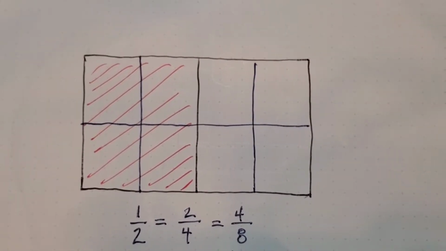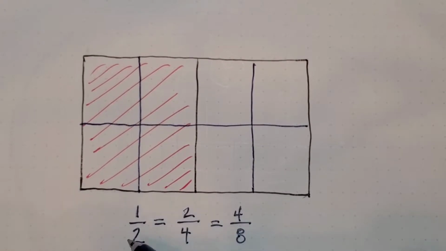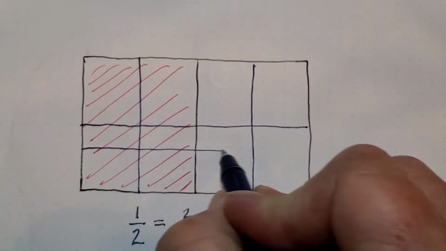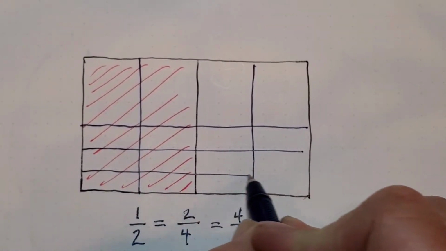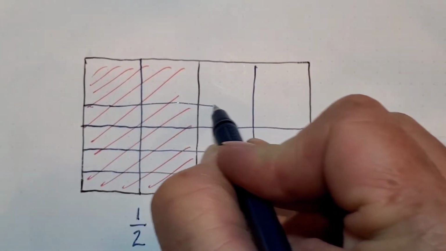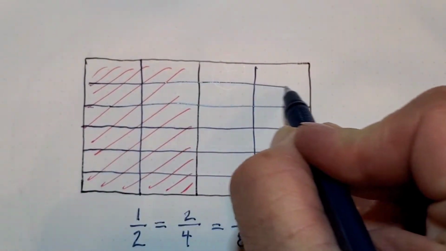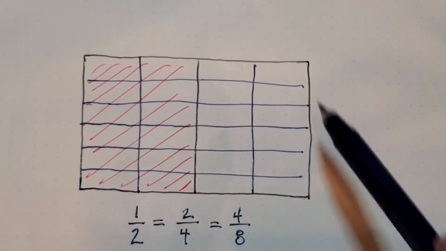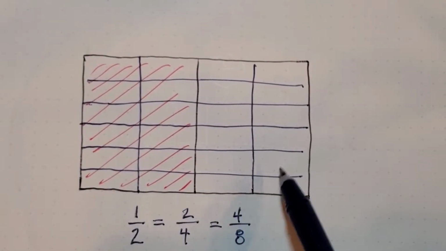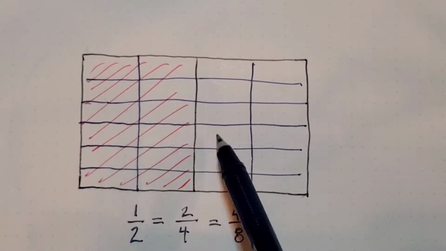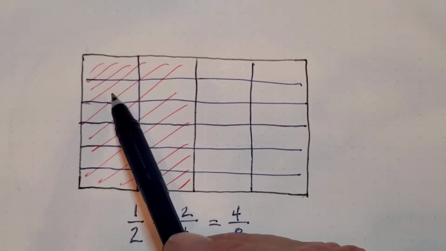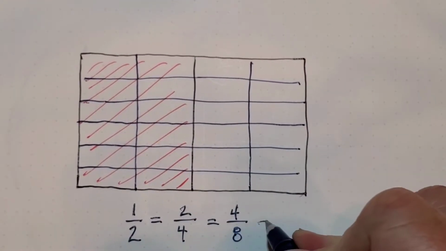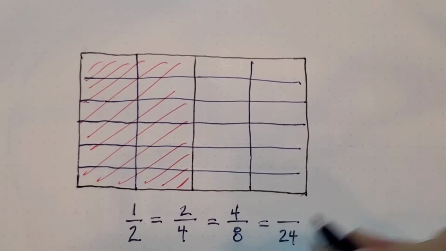Now, I could really get creative here and partition this lots of different ways. For example, I could come across here, but instead of cutting it in half, I can cut each one of these into 3 equal sized pieces. And now, again, the shaded part hasn't changed. And I now have 24 equal sized pieces.